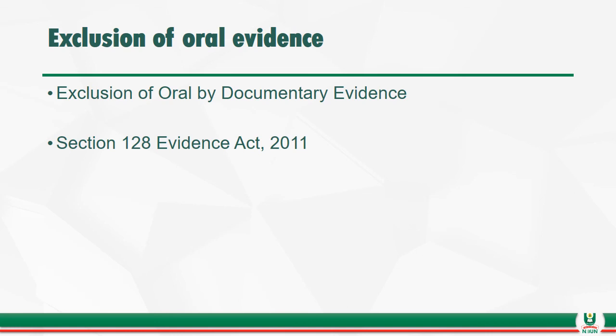So under such circumstances, as provided under subsection 1, paragraphs A, B, D, E, oral evidence may be provided in order to alter or contradict the terms of such a document. In the next slide, you will be asked to provide an answer to that particular question provided therein.